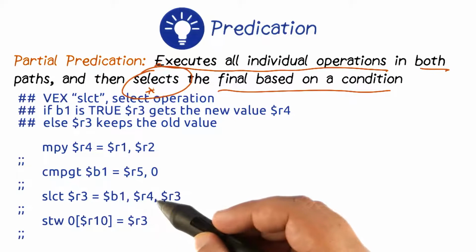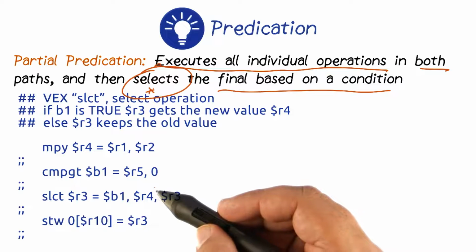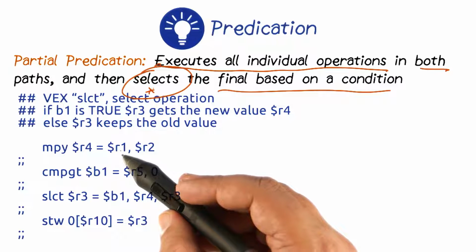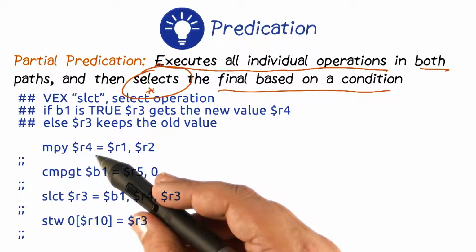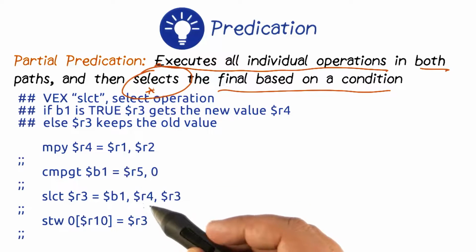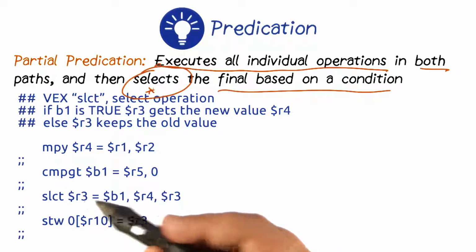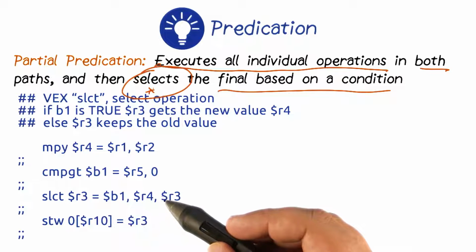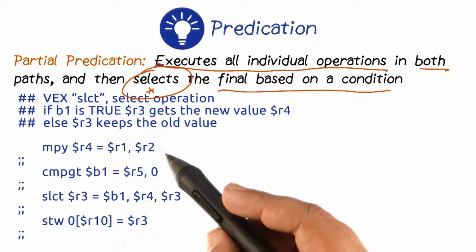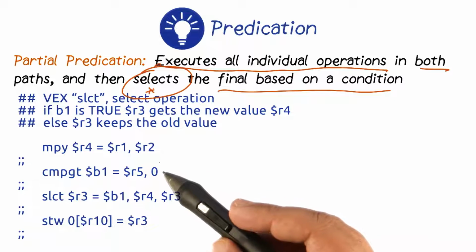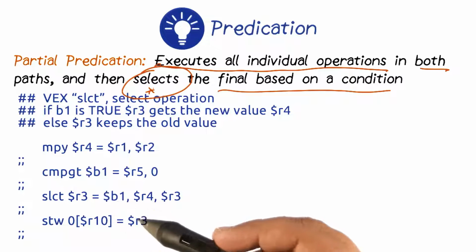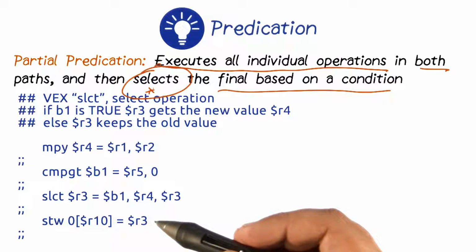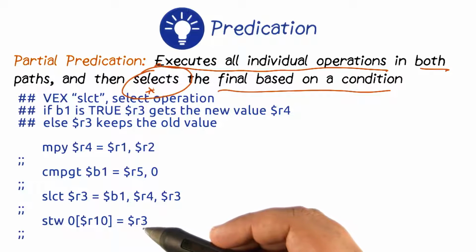So in other words, if the branch is taken, in which we were to execute this multiply, that will generate this result R4. Eventually that is the one which will reside in R3, whereas in the other case, if we did not take that side of the branch, the original R3 result will remain where it is, and finally we'll have a store which is being done based on that R3.